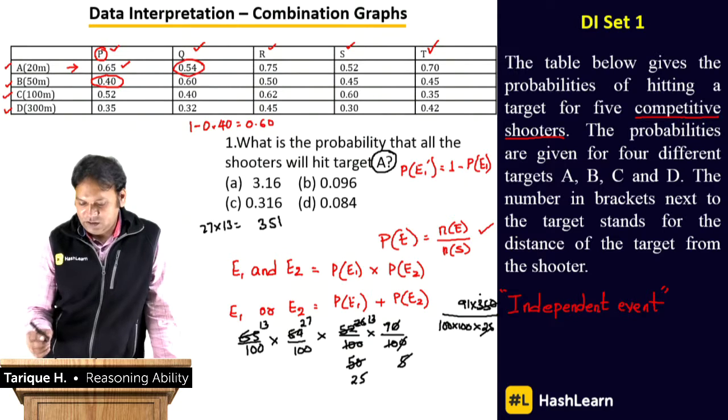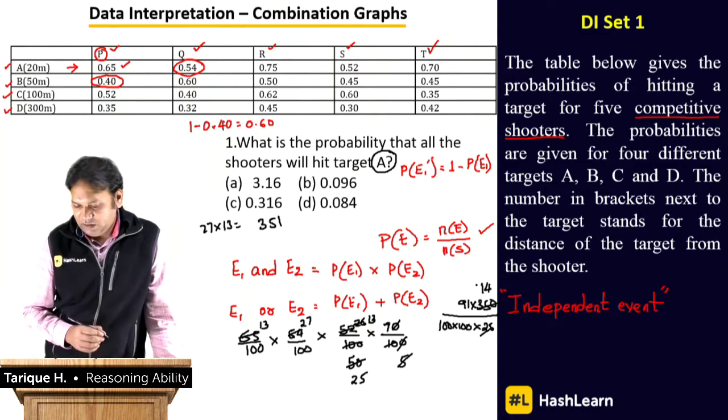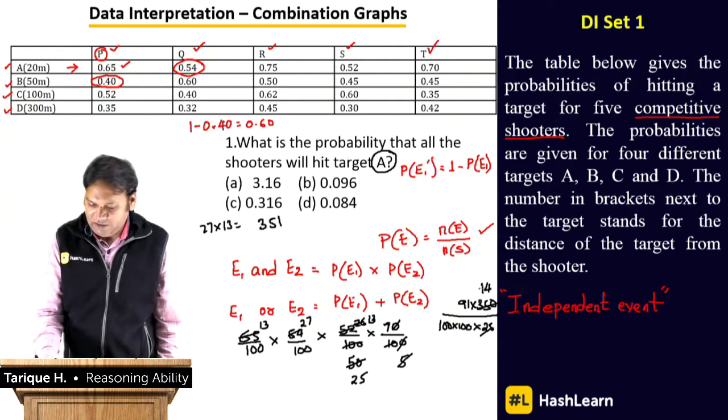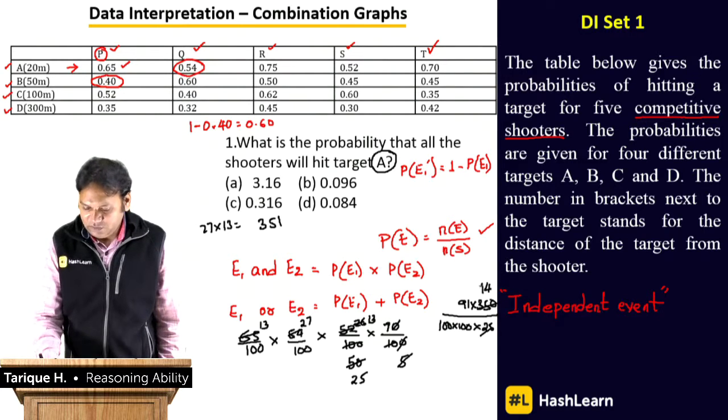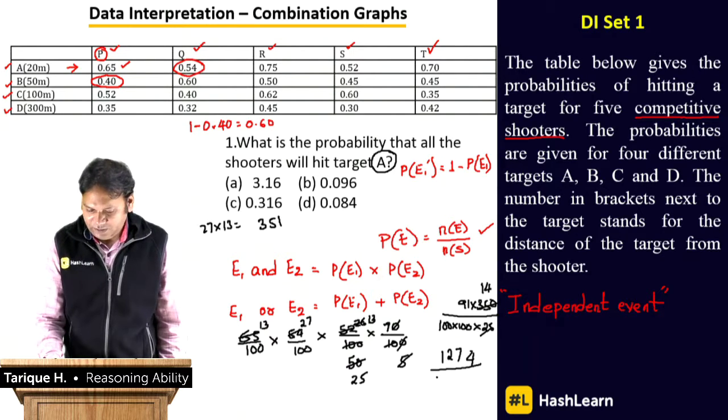So 4, 8, 12 and 2, 14. So we can divide it by 25 14 times, and now we just have to multiply 14 into 91 and divide by 100 into 100. So 14 into 1 is 14, 1 in hand, 14 into 9 is 126 plus 1 is 127, and divided by 100 into 100.